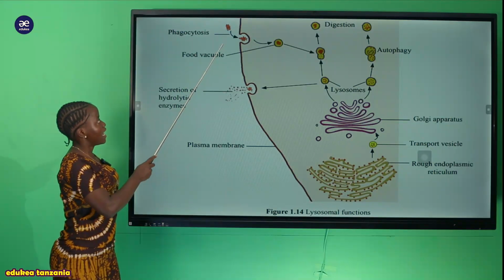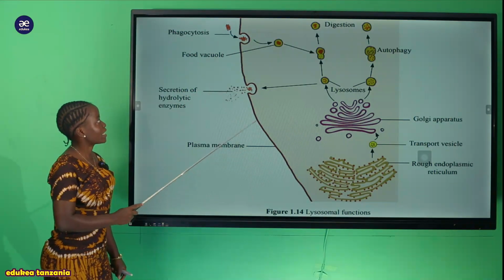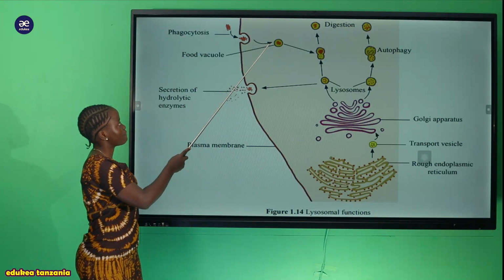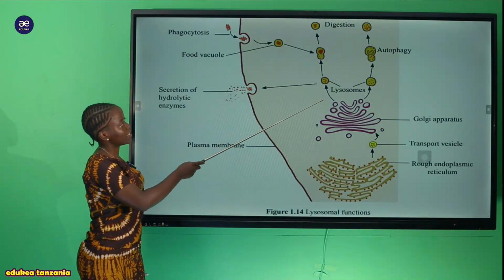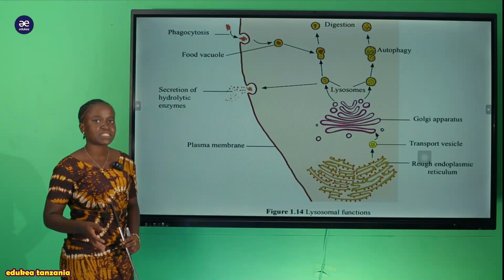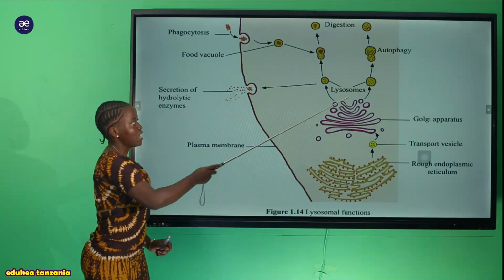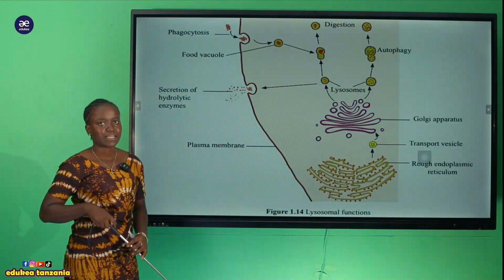So now you can see baada ya sasa ya ile cell kuengulf this solid material, inaenda kutengeneza hii food vacuole. Thereby digestion inatokea, lysosome ina release its content, ikisha release its content ina result into destruction of a cell, and that we call autophagy.